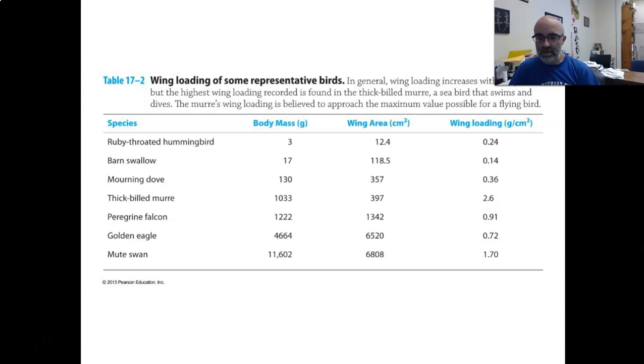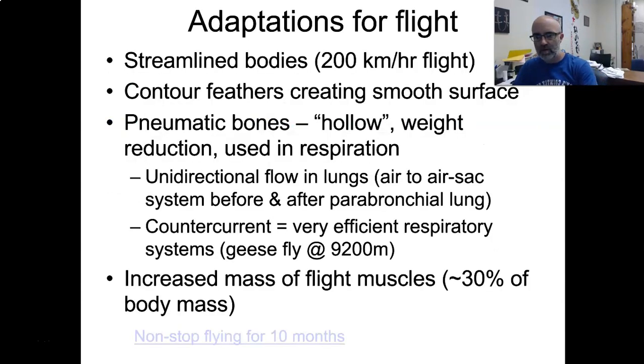Golden eagles, relatively low wing loading. Again, they spend most of their time soaring around. Hummingbirds, while it's a lot lower than the mute swan, it's a lot higher than things like a barn swallow, which are somewhat similar size. So, wing loading.